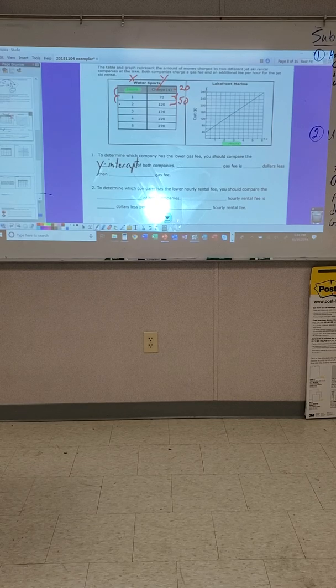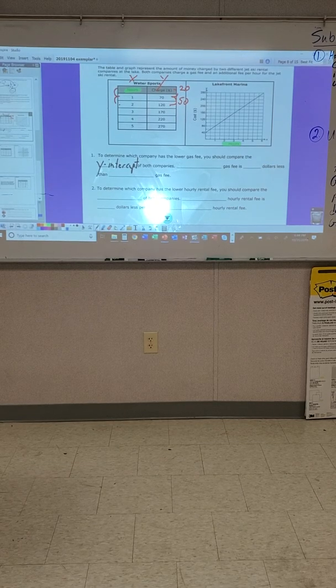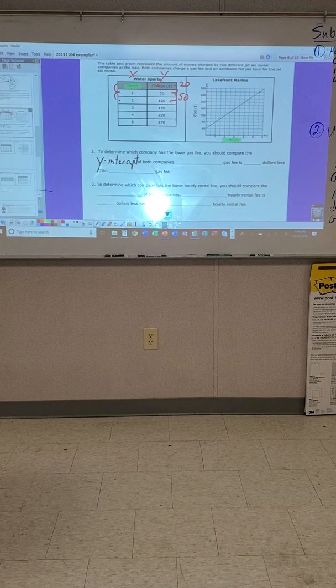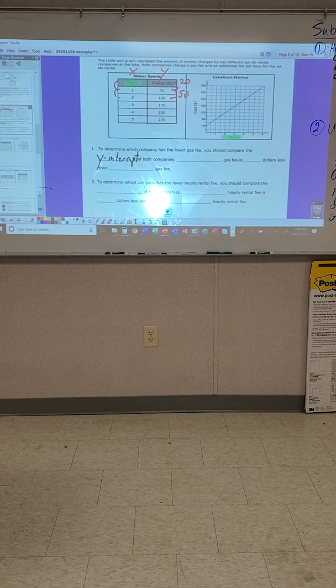So, if my hour 0 is here, then I know that my charge is going to be $20. And when I look at the scale and the cost, I see the increments go $20 per square. Alright, so I have my starting value.